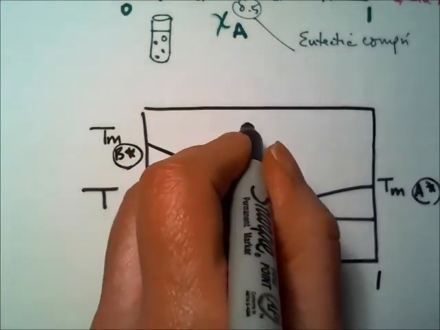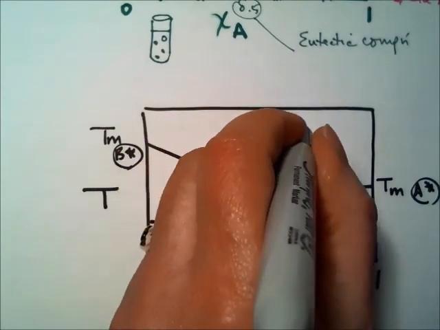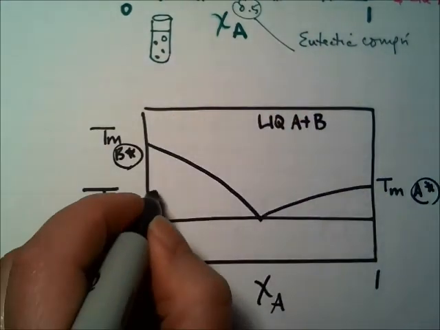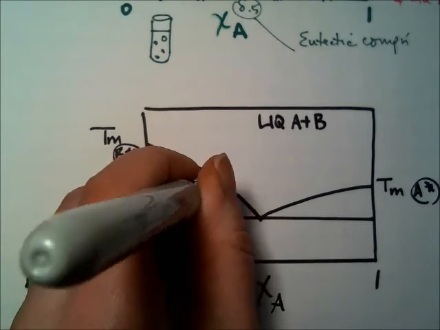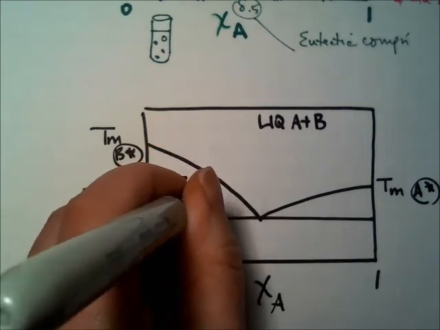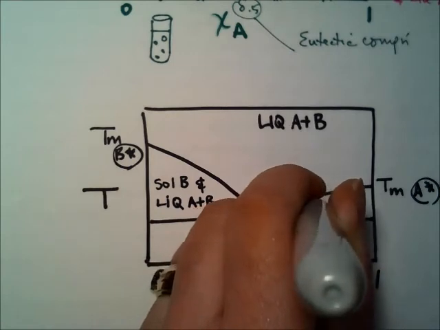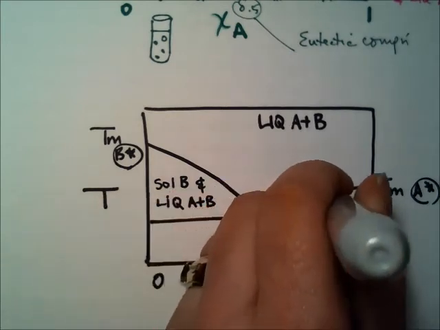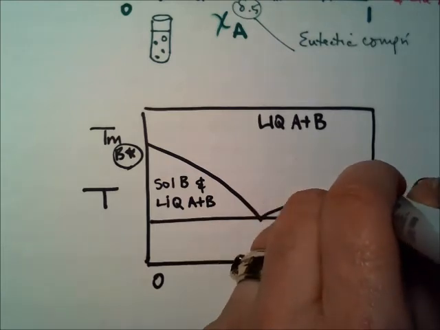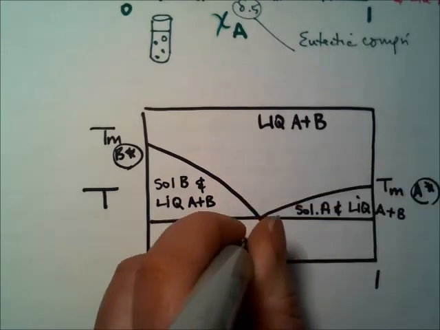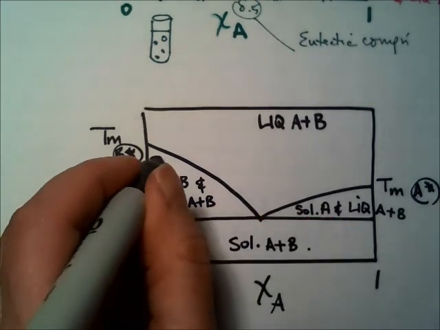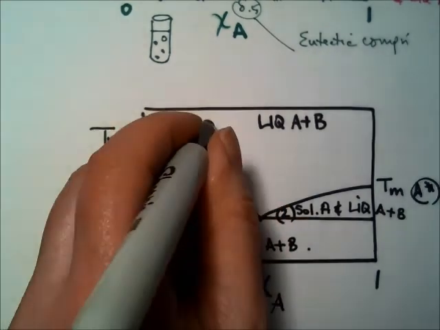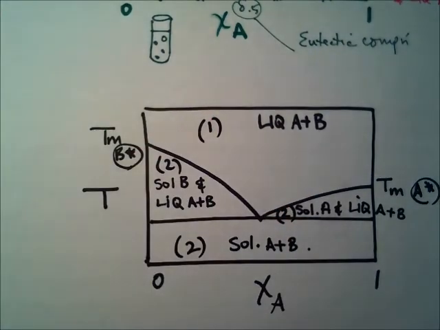Again, I've got one phase liquid AB. Here I have solid B and liquid A plus B. This is solid A and liquid A plus B, and this is solid A plus B. The number of phases here is 2, 2, 2, and 1. So I still haven't left enough room, but we're going to do it. We're going to push our way through.